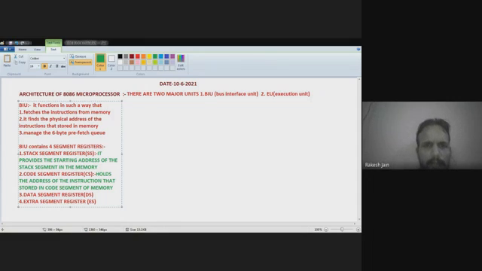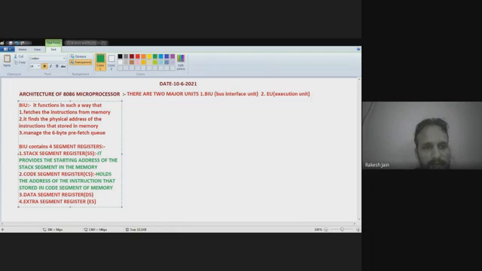Like the stack pointer, push and pop operations are used in this segment to give and take data, because the register holds the starting address of the stack segment.